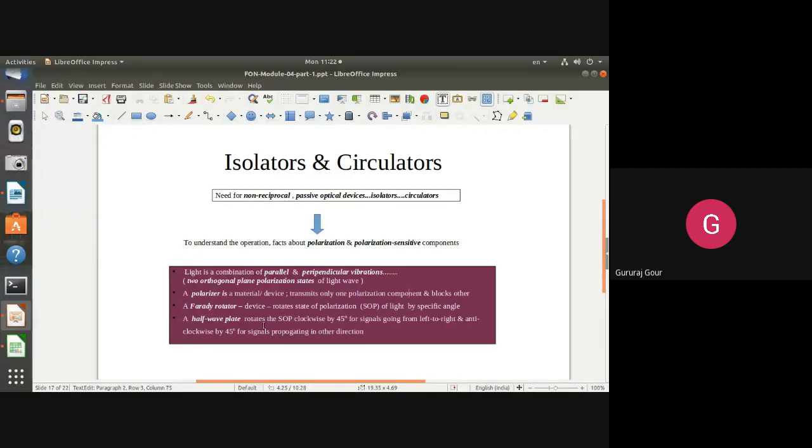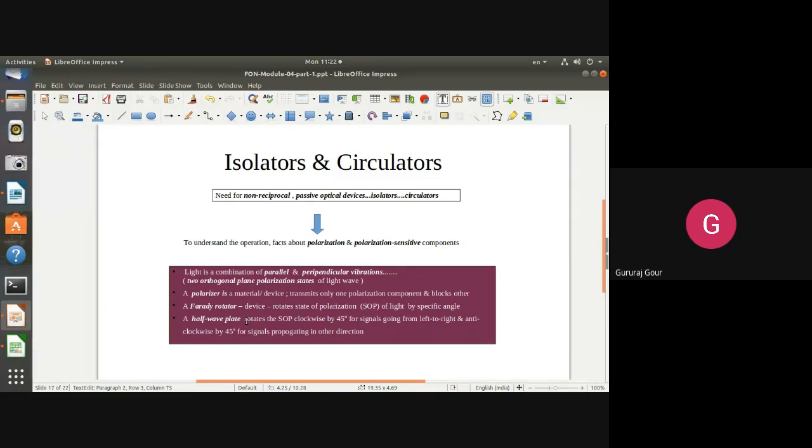Half wave plate rotates the SOP, the state of polarization, by a fixed angle, clockwise by 45 degrees for signals going from left to right, and anti-clockwise by 45 degrees for signals propagating in the other direction. This is very important. Half wave plate is similar to the Faraday rotator. Both rotate the SOP, meaning the orientation of the field components.